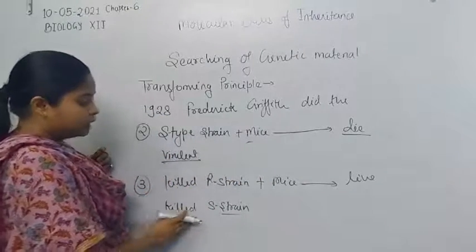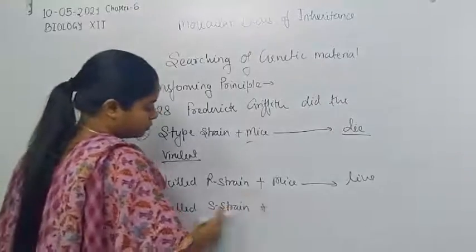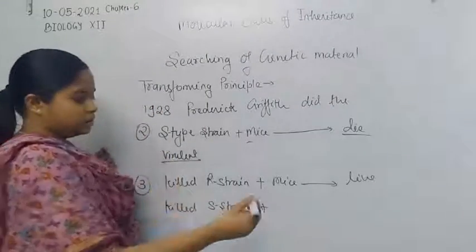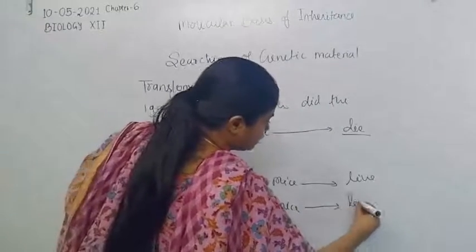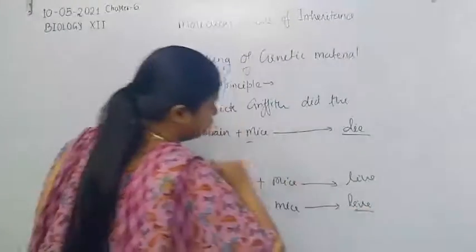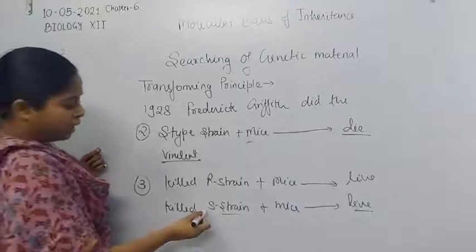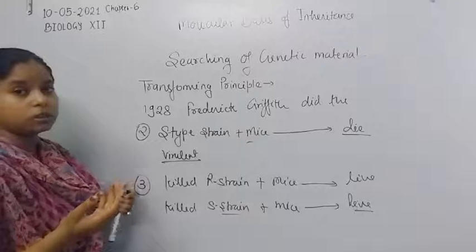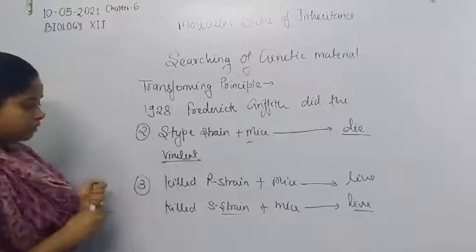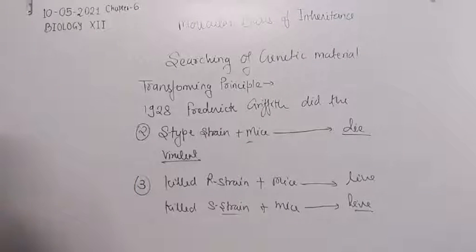When he killed the S strain and then injected it into the mice, the mice were still alive, because the killed S strains are not able to cause any type of disease.